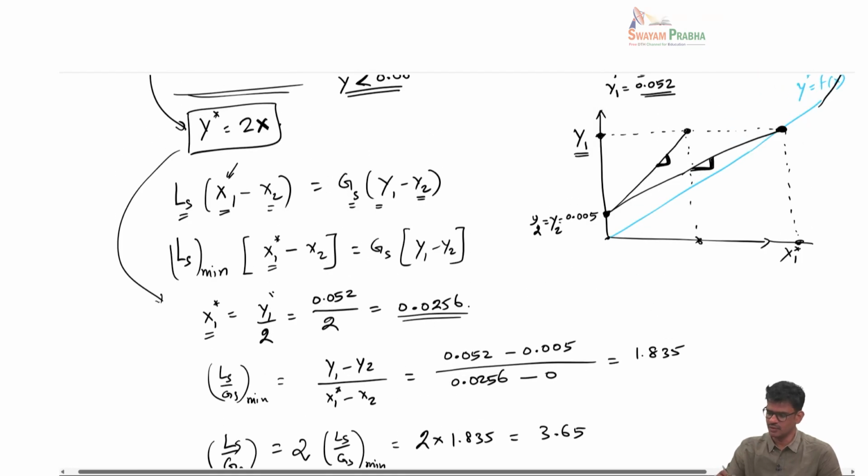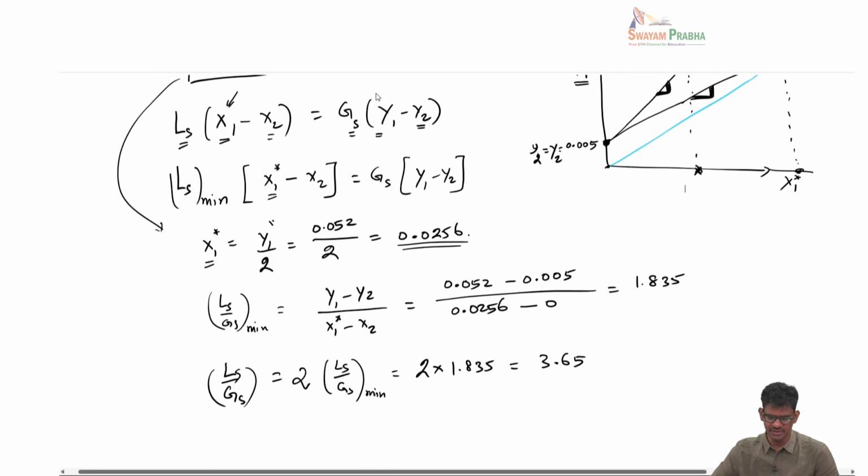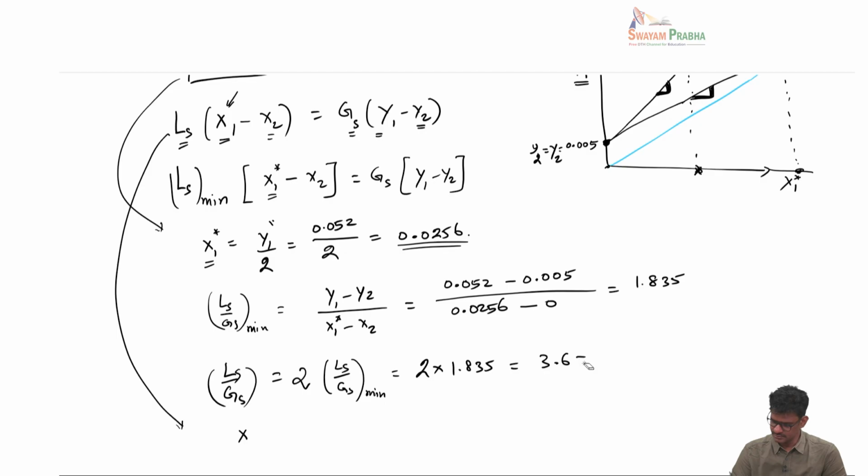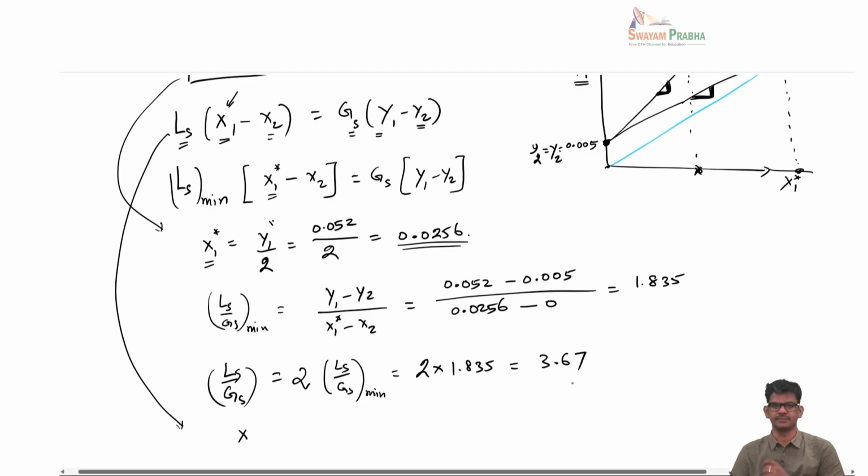So now in this problem, we know the slope, we know this point, and we have to find this point. So we go back to the general material balance here, and then you're going to solve for x1. So from this equation, 3.67, yes, 3.67.